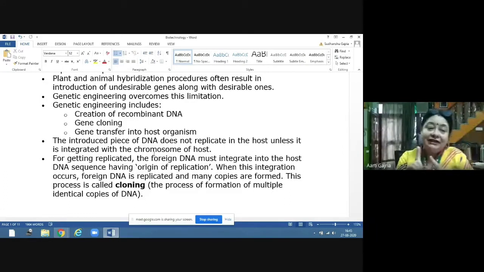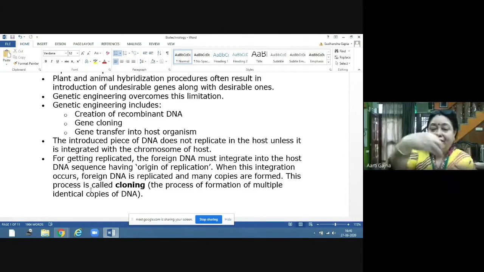And another thing is that it should be at the place where the origin of replication is, because now you know how DNA replicates. DNA starts its replication at the origin of replication. So for getting replicated, the foreign DNA must integrate into the host DNA sequence having the origin of replication.